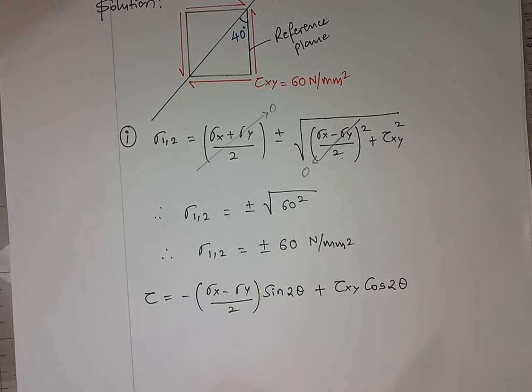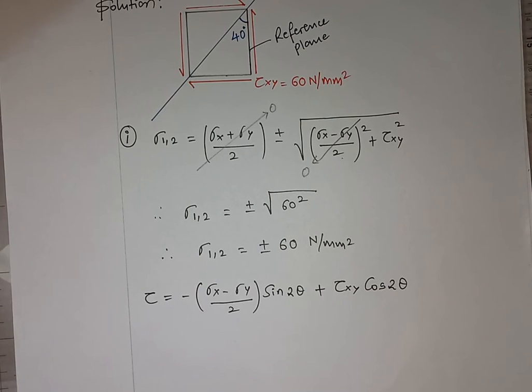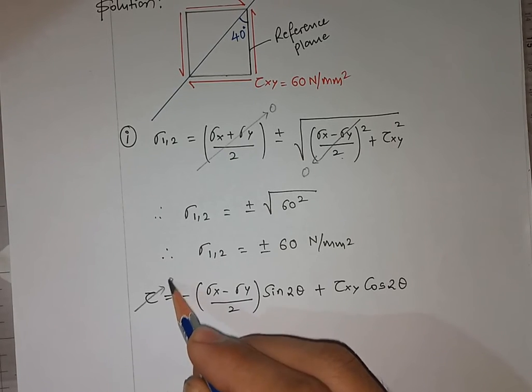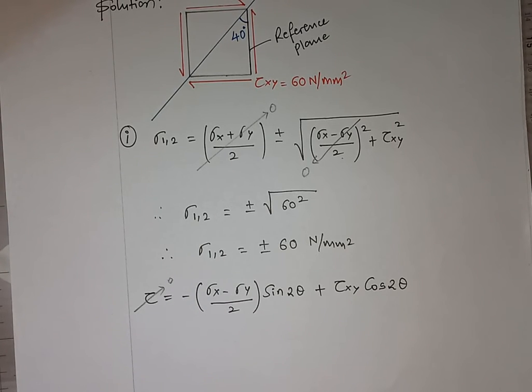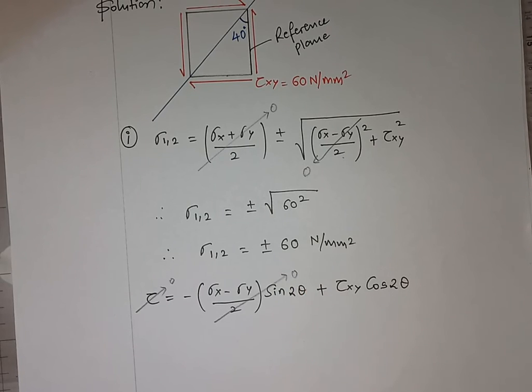But according to the definition of the principal plane, the value of shear stress will be 0 on the principal plane. Right? And also in this problem, this term becomes 0. Why? Sigma x, sigma y values are not given. It means it is 0.